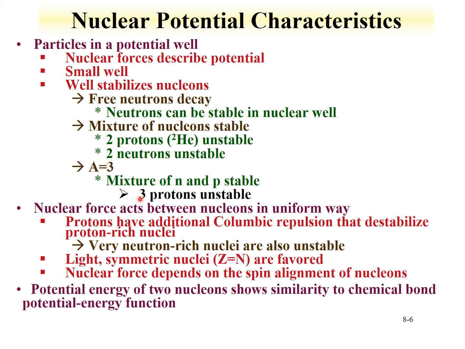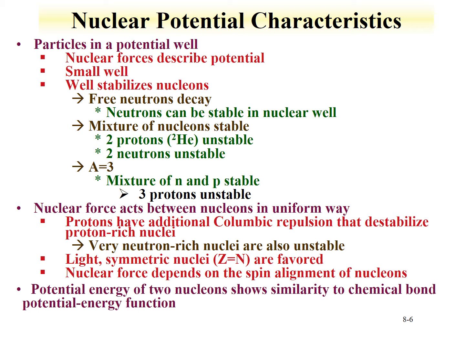However, 3 protons would be unstable. And this nuclear force within this potential acts upon the nucleons in a uniform way. So protons have this Coulomb repulsion that acts to destabilize the nuclei.